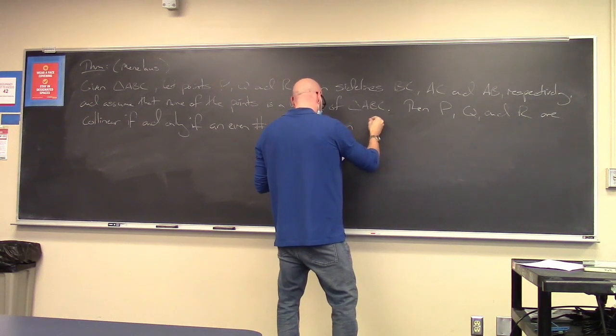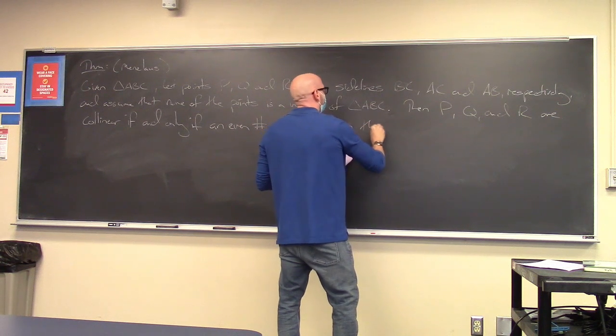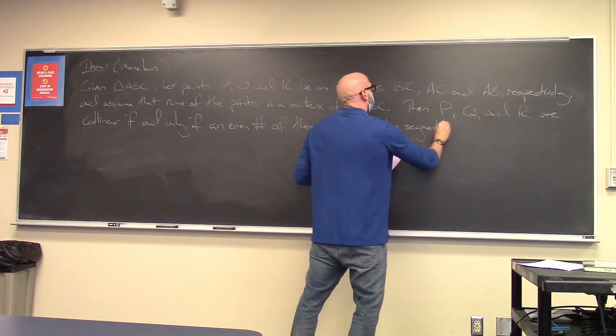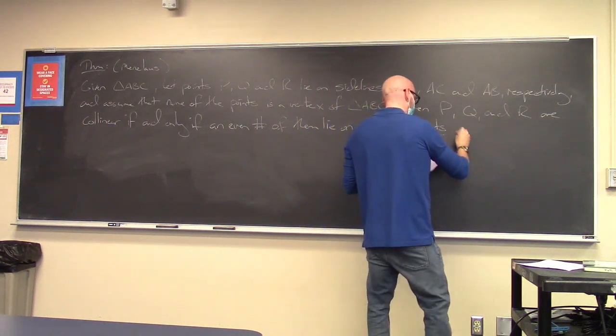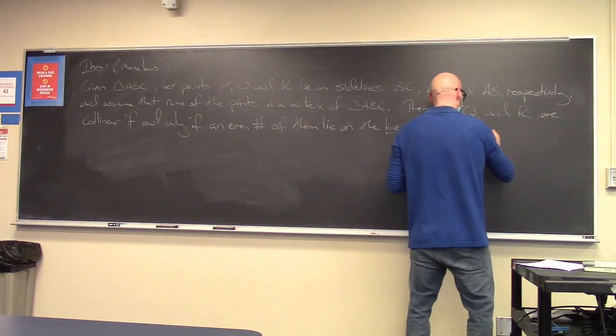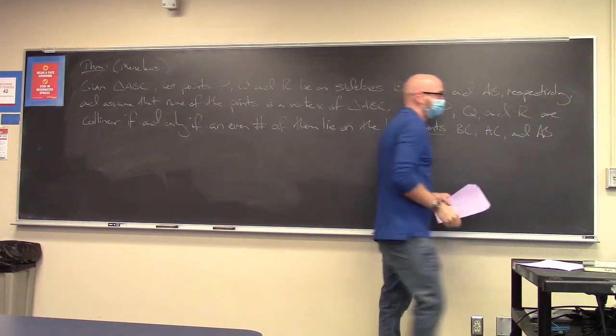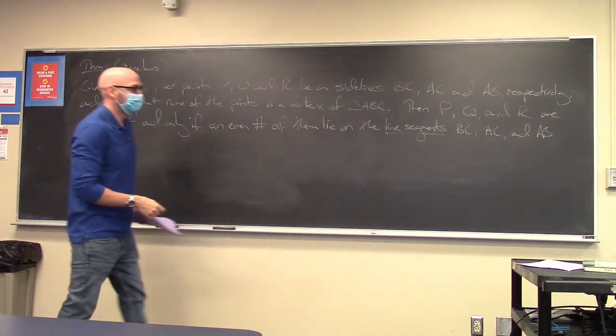And I'll phrase this in terms of line segments. So they lie on the line segments BC, AC, and AB. But what I mean by that is on the actual sides of the triangle.